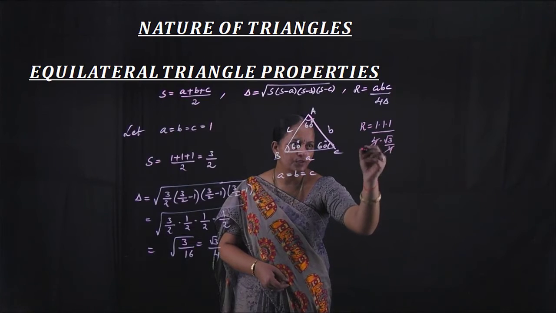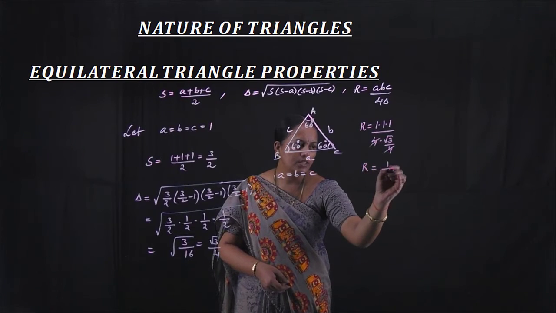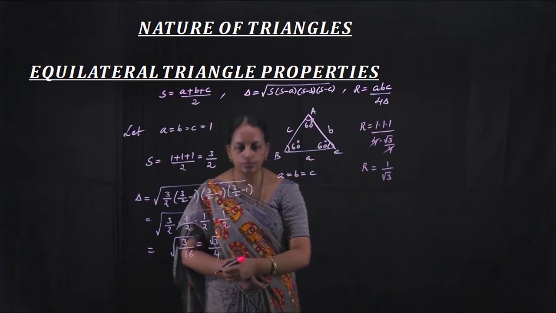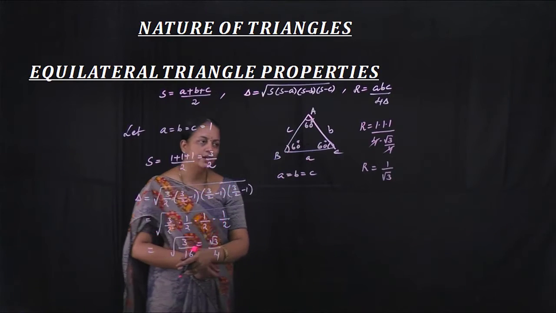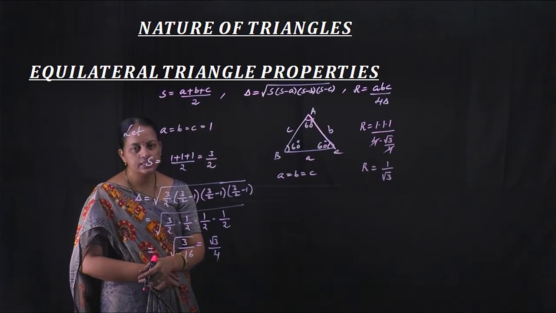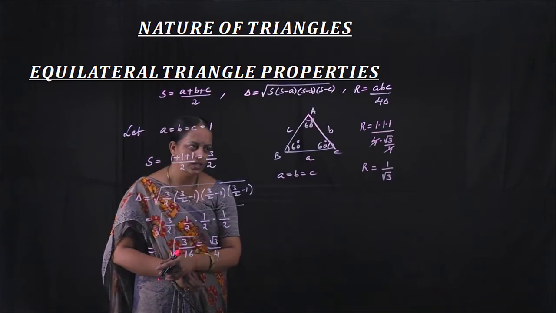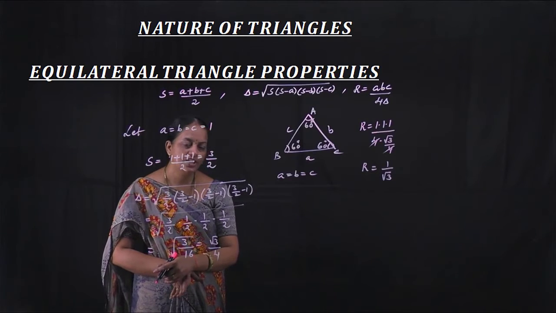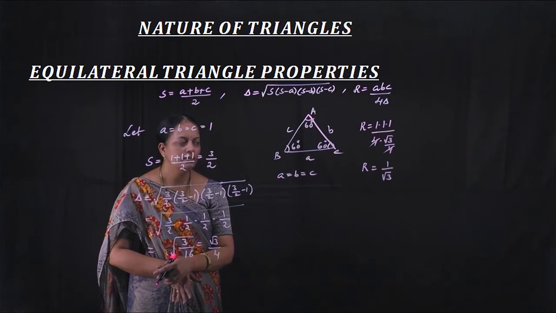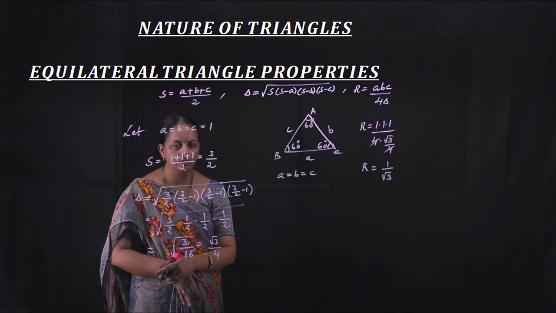So 4 gets cancelled. Then R is equal to 1 by root 3. Similarly, we can find inradius and exradii also. Later we will discuss those formulas. And then we can also derive a relation between small r, capital R and R1.